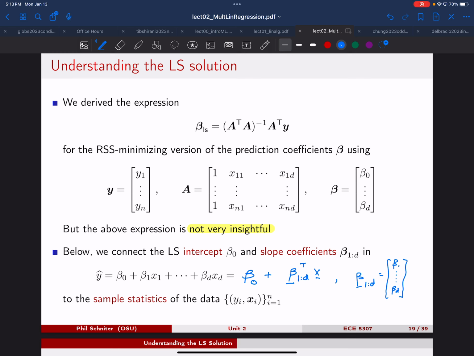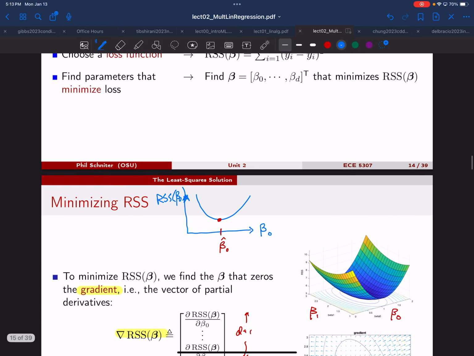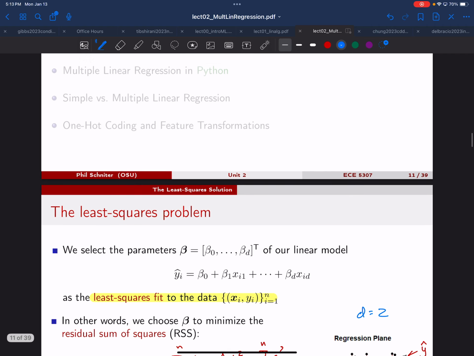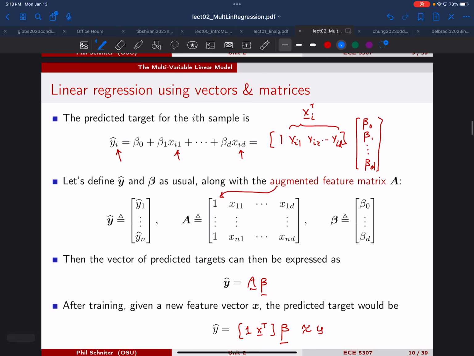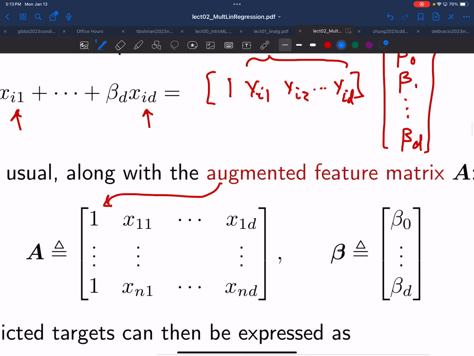Does x_i go from 1 to d? I thought a column is n samples.